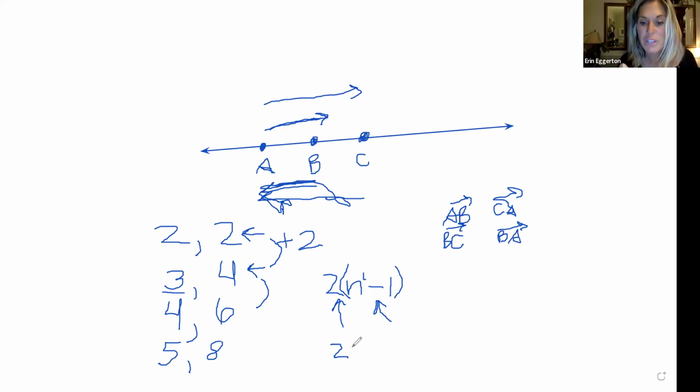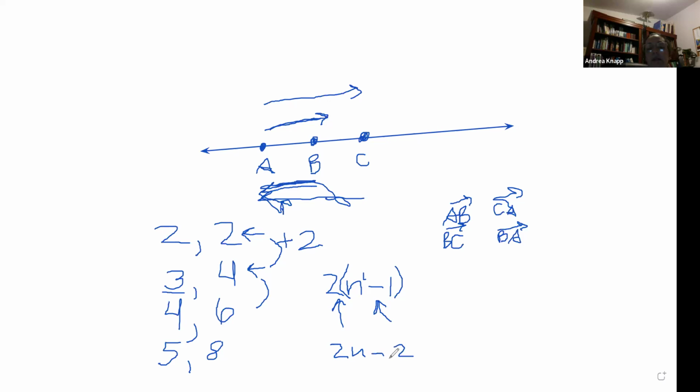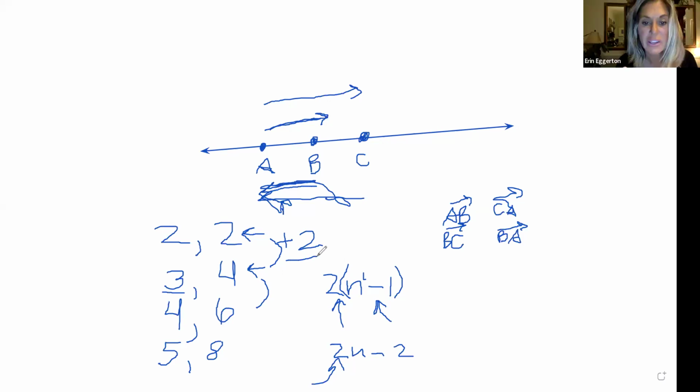Can you repeat that? If I multiply this out, I have 2n minus 2. I can see my slope is going to be 2 because it's going up by 2 every time. If it was going up by 3 every time, you would put 3 in front of the n. If it's going up by 4, you put 4 in front of the n. So that's another way you can figure it out.